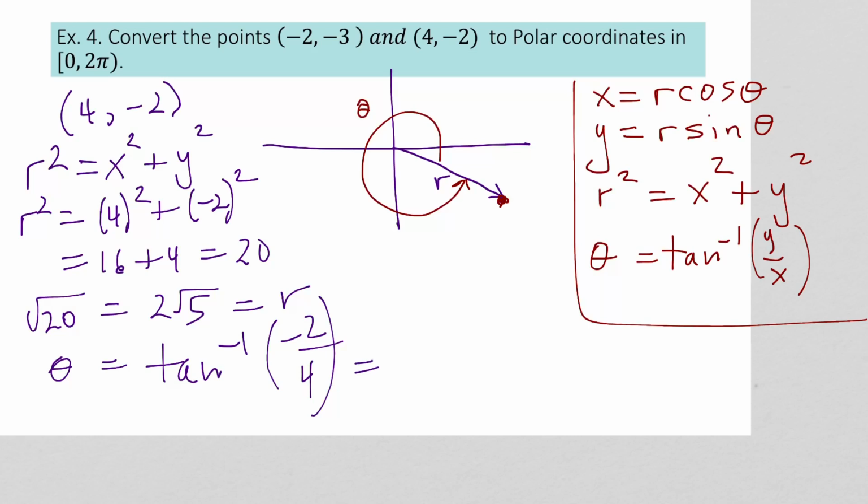In radians in my calculator, I got -0.463648. That means it gave me this amount right here.